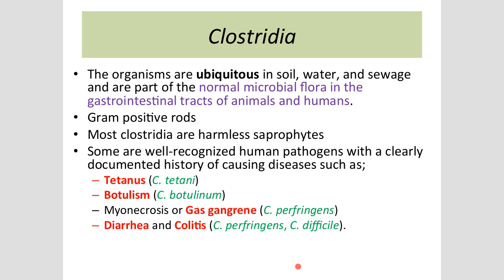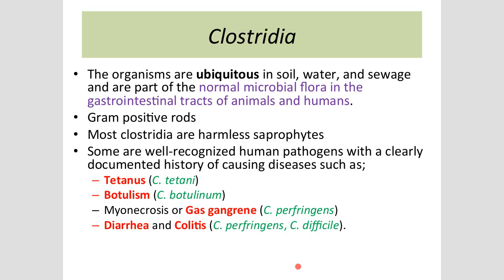Right? So this is normal gastrointestinal tract. Staph and strep were gram-positive cocci, and these are rods. So they are gram-positive rods, and mostly by far are harmless saprophytes, other than the four I just mentioned.